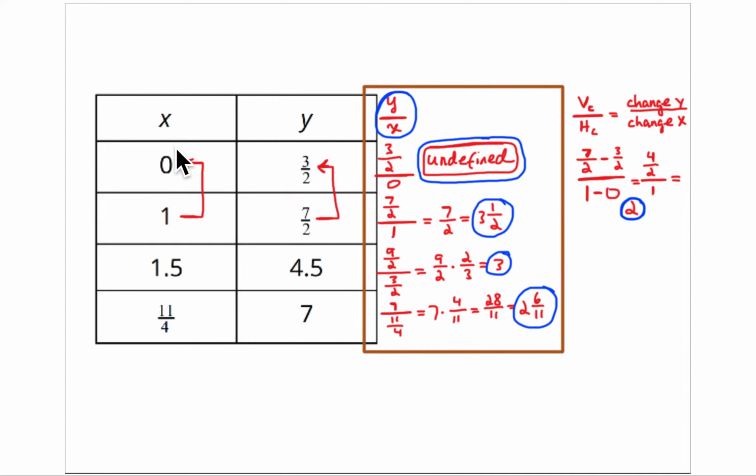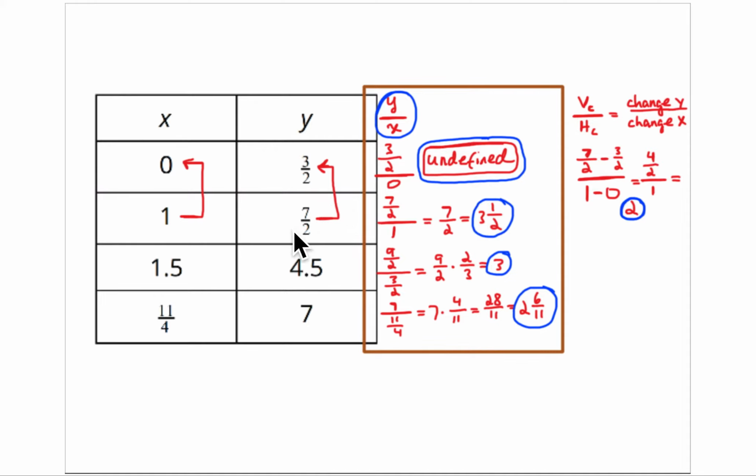If you're moving from an x coordinate of 0 to 1, that's a 1 unit change. So imagine you're moving along the x-axis 1 unit. And if you're moving from a y coordinate of 3/2 to a y coordinate of 7/2, that's a change of 4/2.